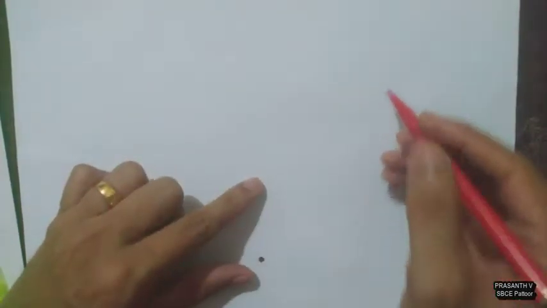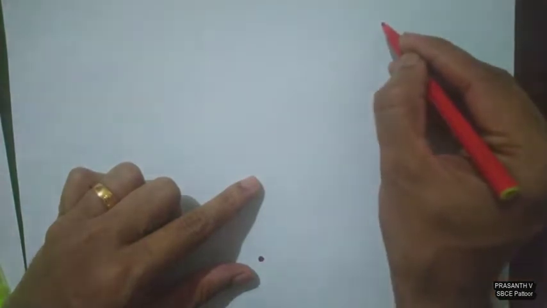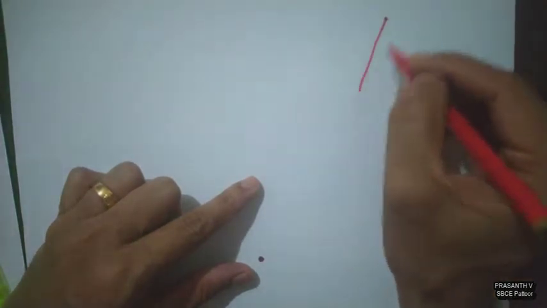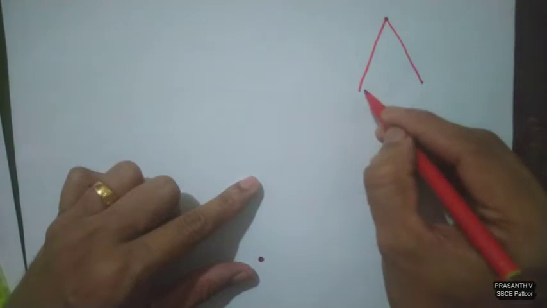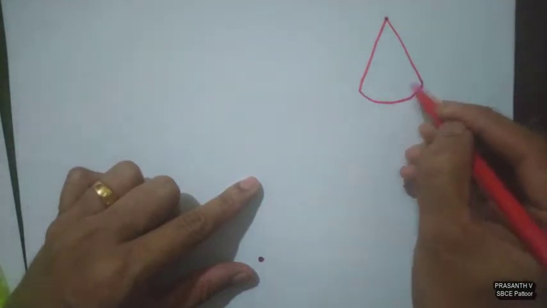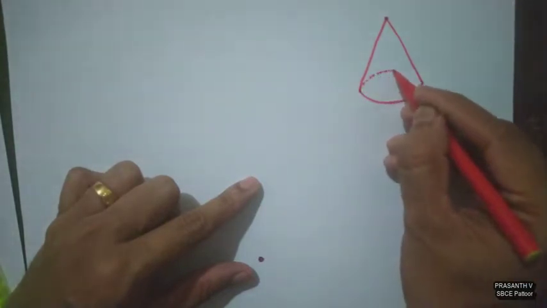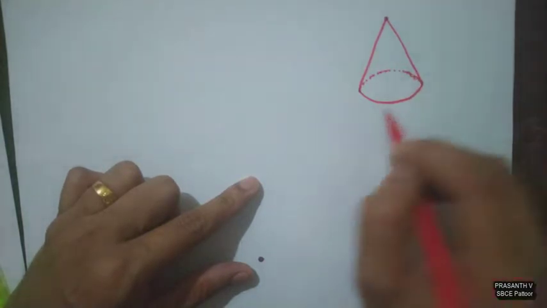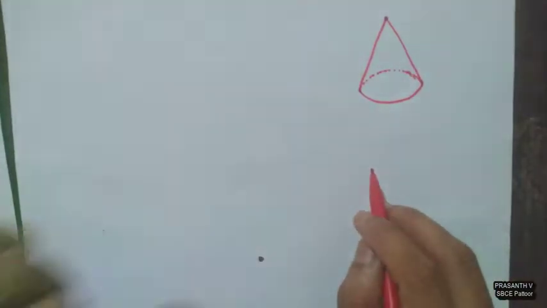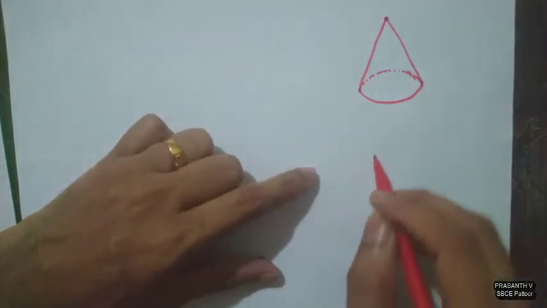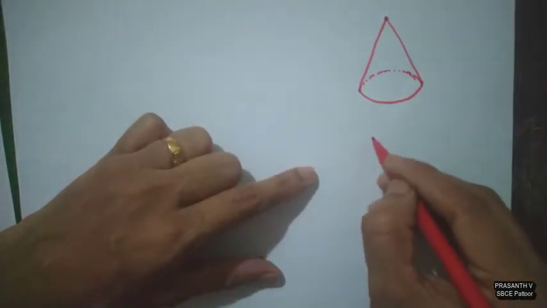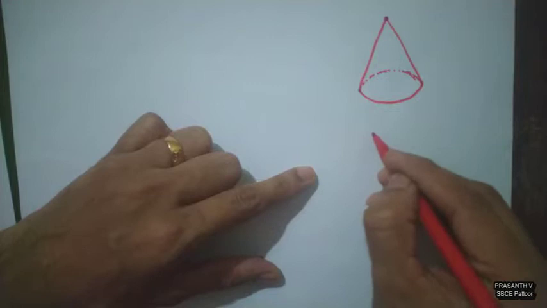We have already done the development of the cylinder. Now we will consider the development of the cone. Suppose we have a cone like this. So this is the view of a cone. While developing a cone, we will get a sector with an angle theta.